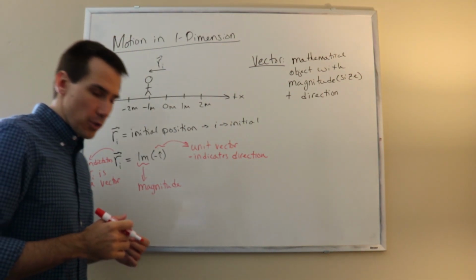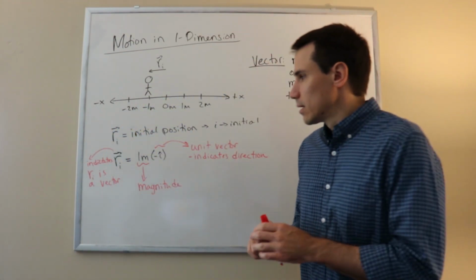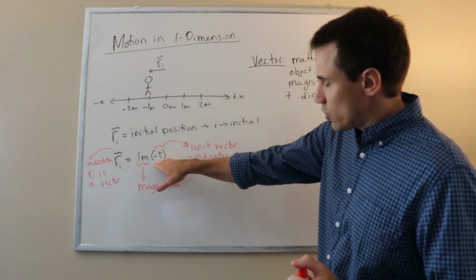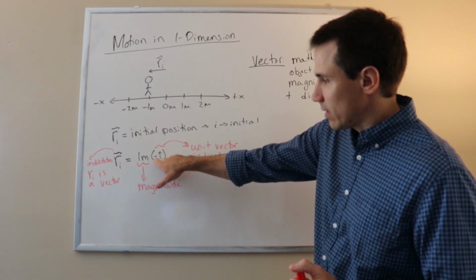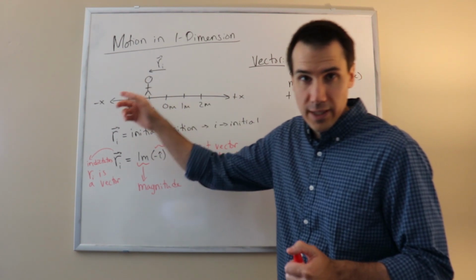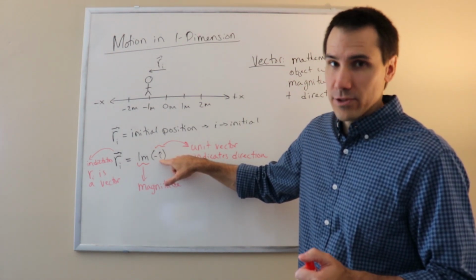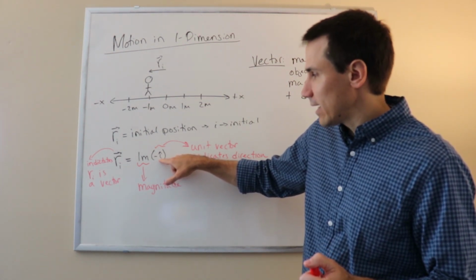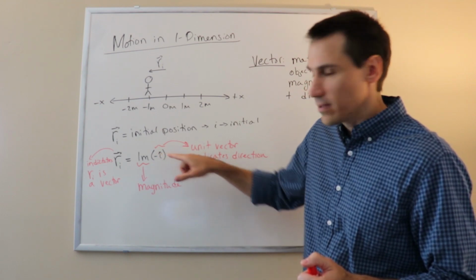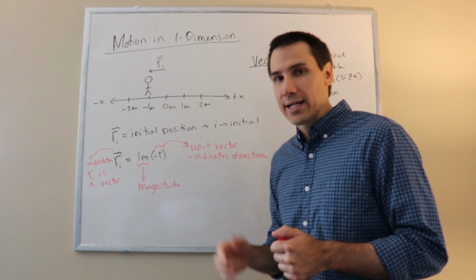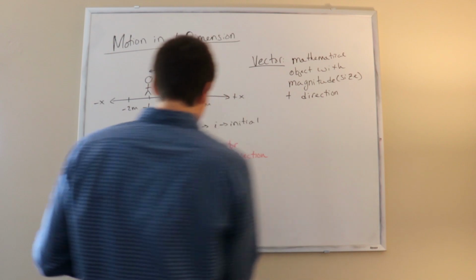Okay, so the two parts of this: the minus says I need to go in the negative direction, and i is in the x direction. So if you see an i hat, that means you're moving in the x direction.